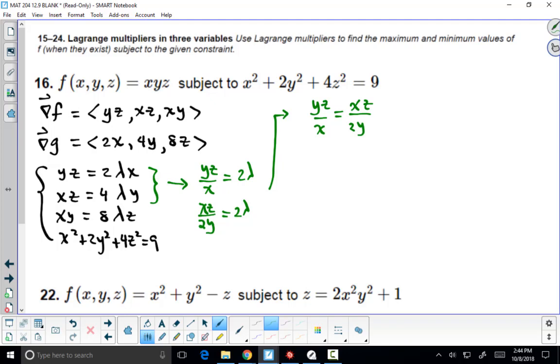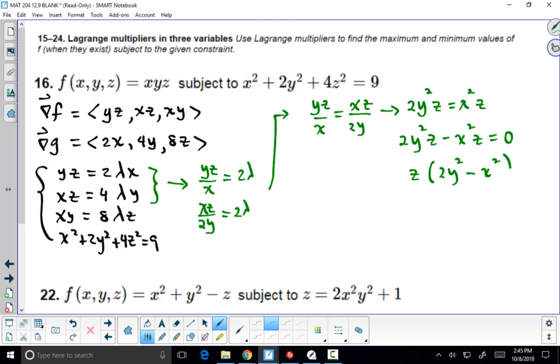So we have those assumptions on the back burner. So we end up with 2y squared z equals x squared z. So if we subtract, we get z multiplied by 2y squared minus x squared equals 0.